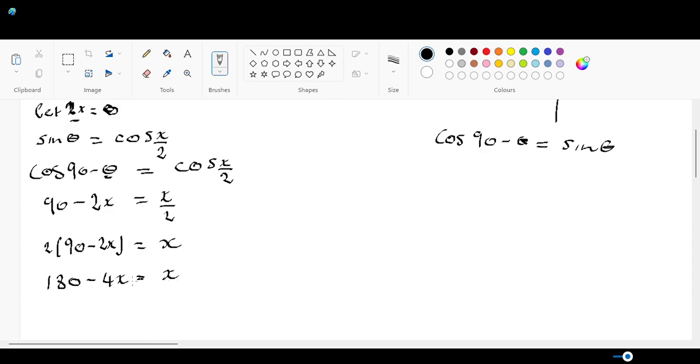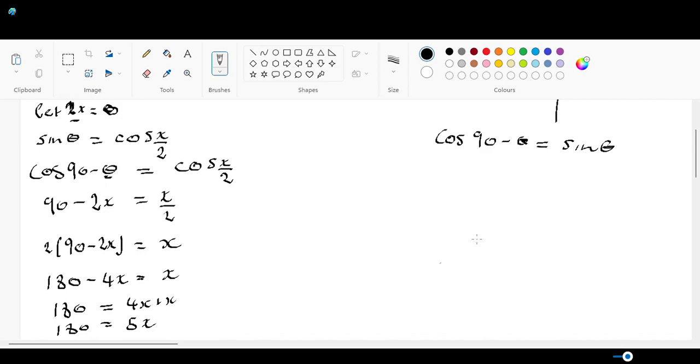Now if we transpose x to the other side, which is our right hand side, we're going to be left with 180, which is going to be 4x plus x. So 180 is equal to 5x.